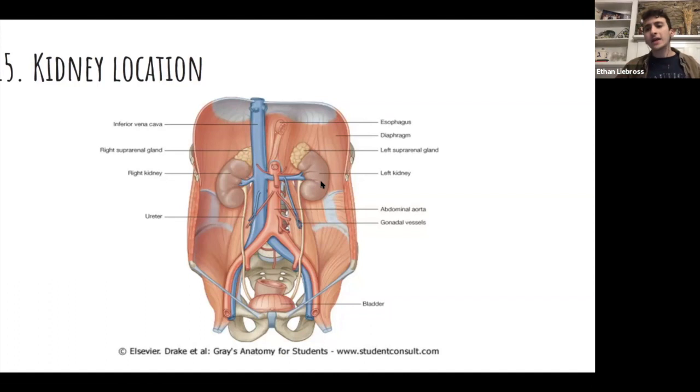So we might ask, why is this? And the answer is because what organ is on the right side of our body? What is that big organ up top in that right upper quadrant? And the answer to that is the liver. So the liver is taking a lot of room over here, and that's why the right kidney is slightly lowered.